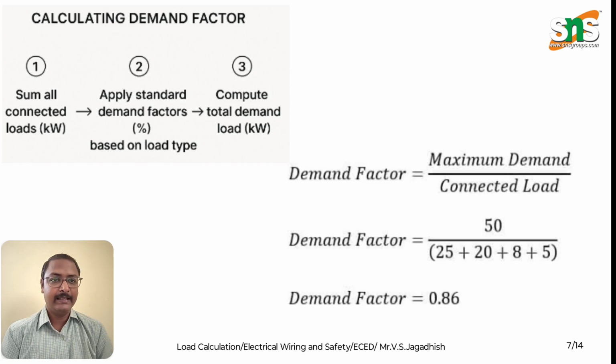So how to calculate the demand factor? First we sum all the connected loads, 25 plus 20 plus 8 plus 5. You all know what connected load and demand load are; we discussed that briefly in the first class. Then apply the standard demand factor formula, maximum demand divided by connected load. Here the maximum demand is 50, divided by the sum of the connected load, which gives you the demand factor.